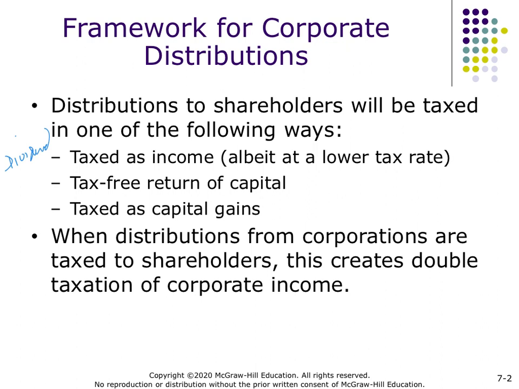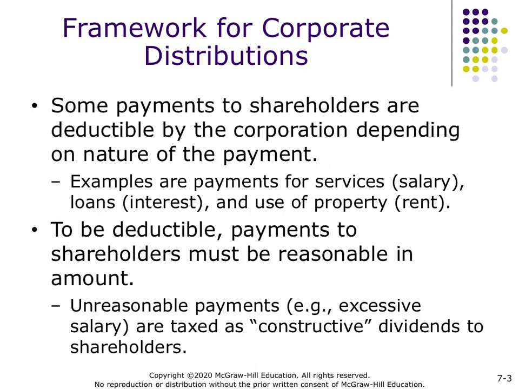So they must be reasonable in amount, and they must be ordinary and necessary according to the tax code, all right? If you have an unreasonable payment, then lots of times that can be viewed as a constructive dividend. All right, and so lots of those things I just talked about are actually in this slide. So we will move on from here.